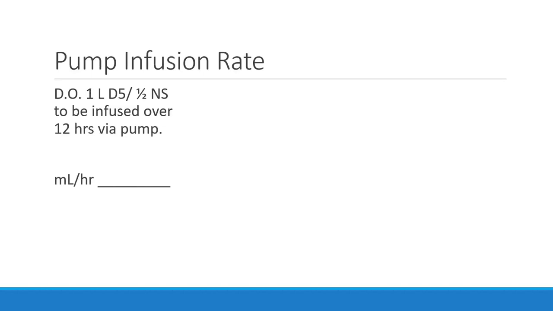Okay, our next one, pump infusion rate. 1 liter D5 1/2 normal saline to infuse over 12 hours on a pump, mLs per hour. So I'm looking for mL over hour. Going back, do I need this D5 1/2 normal saline? No, that's just telling me what type of solution this is. We're looking for mLs, but I only have a liter here. So using my equivalents, we've got 1,000 mLs for every liter.